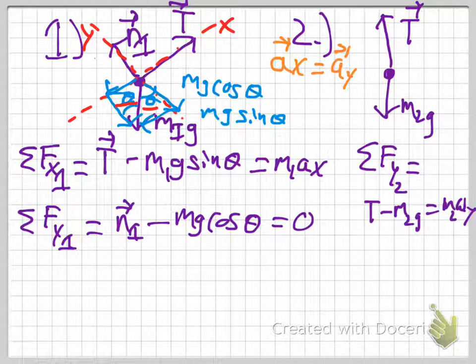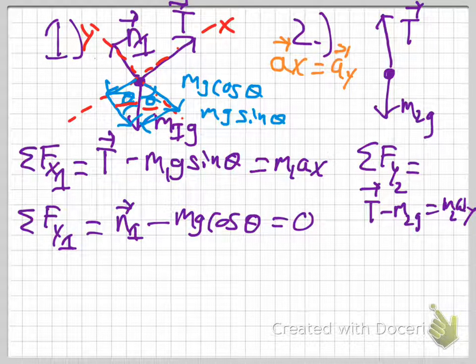Now at this point you can really make your own judgment, but we're going to have to do a substitution. That's because there are two unknowns in any equation that we do here for box 1 or box 2, except for the y one for box 1, which is not going to help us in any shape or form because there's no friction.